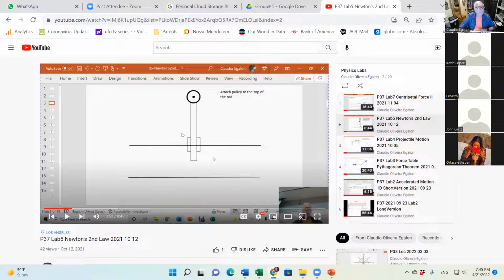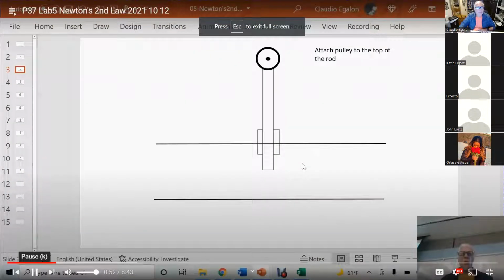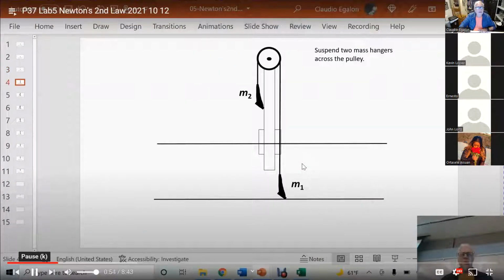Clamp the clamp on the table, get a rod, clamp the rod on the clamp, and clamp the pulley at the top of the rod. We have all the equipment that does that. And I'm going to get 2 mass hangers connected by a string.